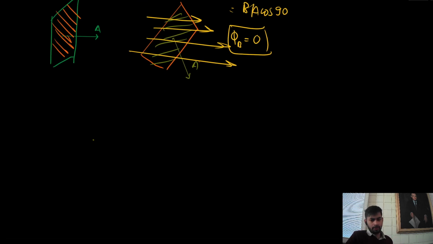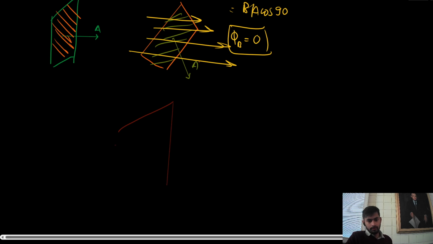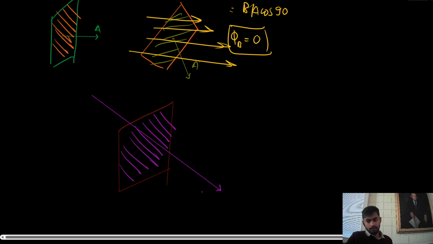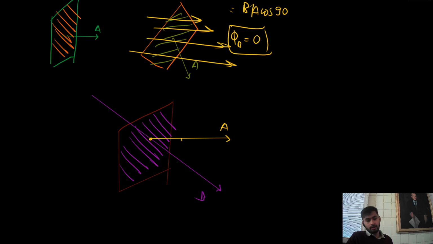Again, another example that I want to take would be, say, if this is the surface, and we have this magnetic field B, which is going in some direction relative to the area vector, which is perpendicularly outwards, then this becomes the angle theta, right?